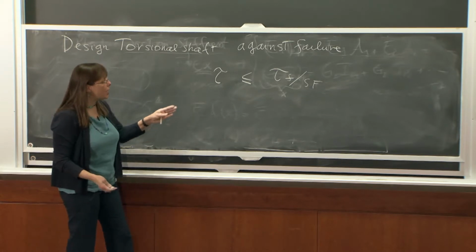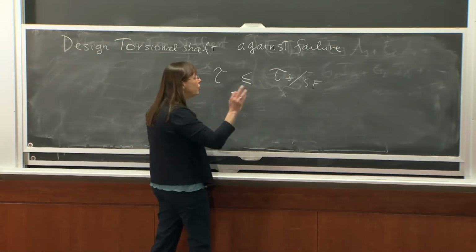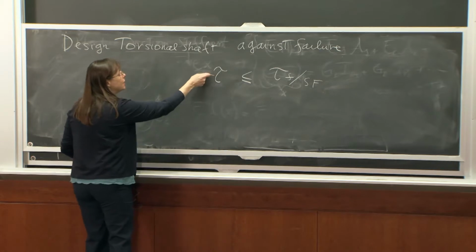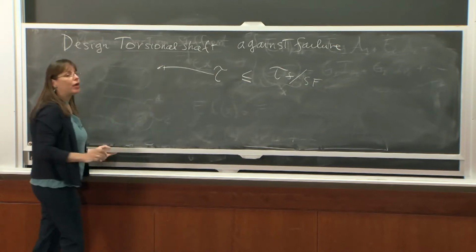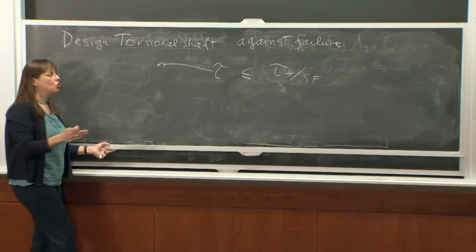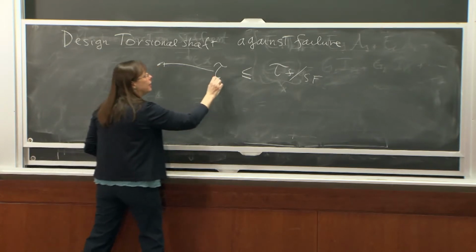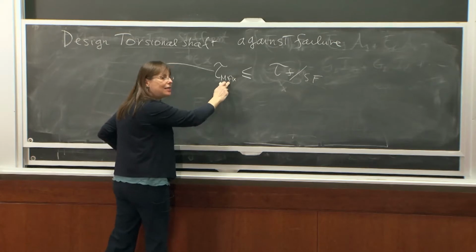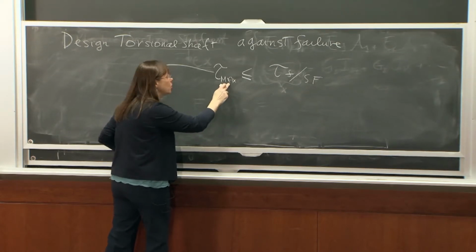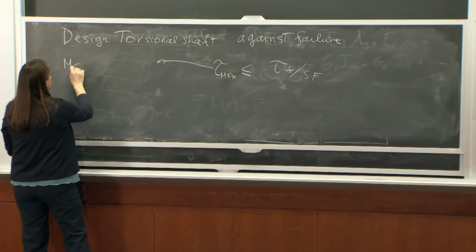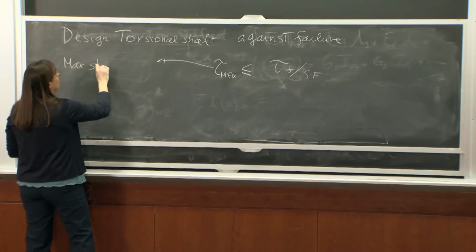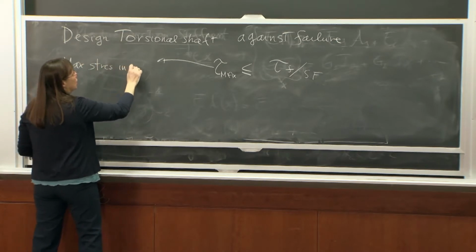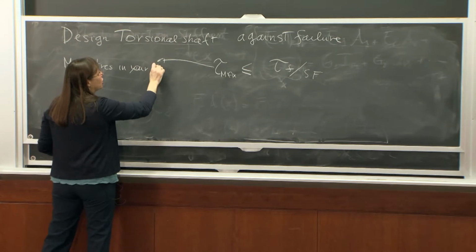I want you to understand that this stress and this thing are two different concepts. So this stress here, this is what you have in your structure. So this is the maximum stress that exists in your structure.